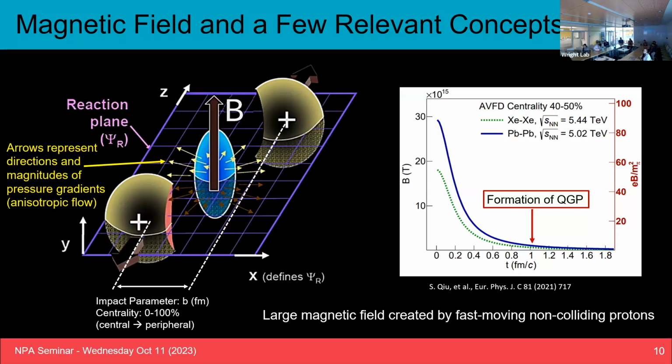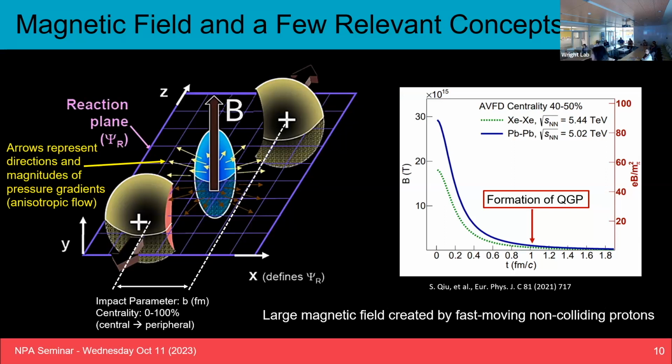They're related to centrality from 0 to 100%, which also means from central to peripheral. And in this plot, you also see the arrow pointing upward. This shows the direction and magnitude of the pressure gradient, and this is also called the anisotropy, which I will talk about a bit more later.